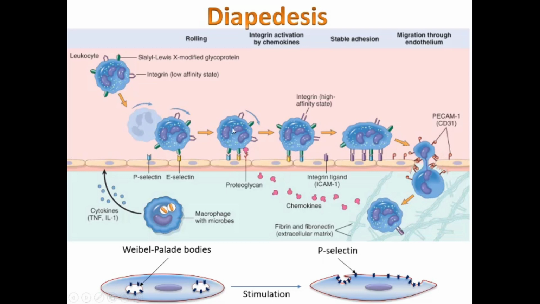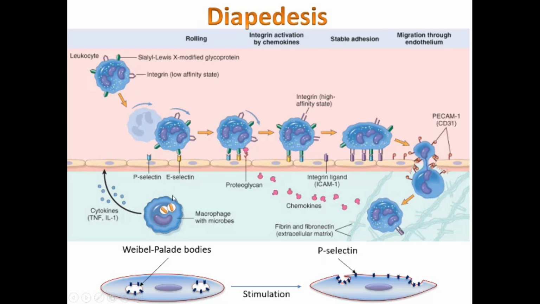So they should pass through the wall of blood vessels and go to the extracellular matrix to play their role. For this function, start for example from here, where we have an inflammation site.